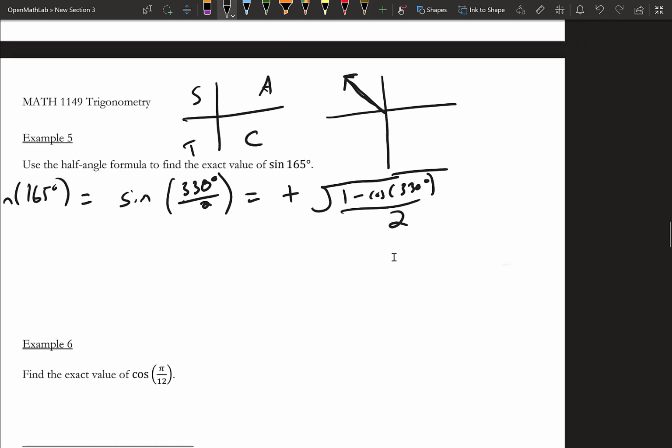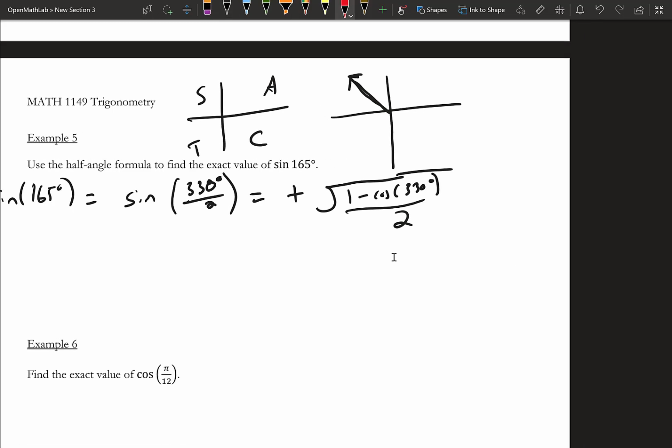All right, so now we need to work that through. 330 is going to be here, in the fourth quadrant. So this angle is going to be 30 degrees, which means this one is 60.